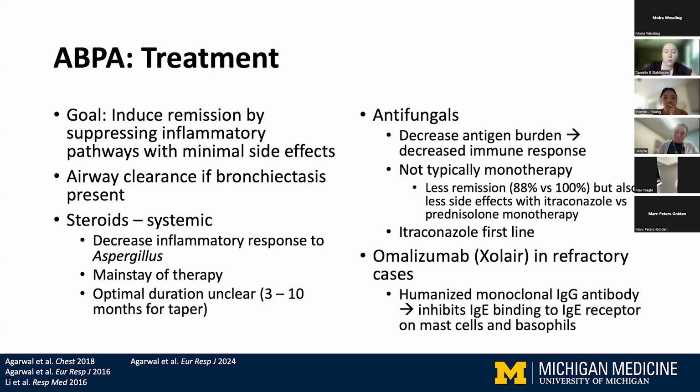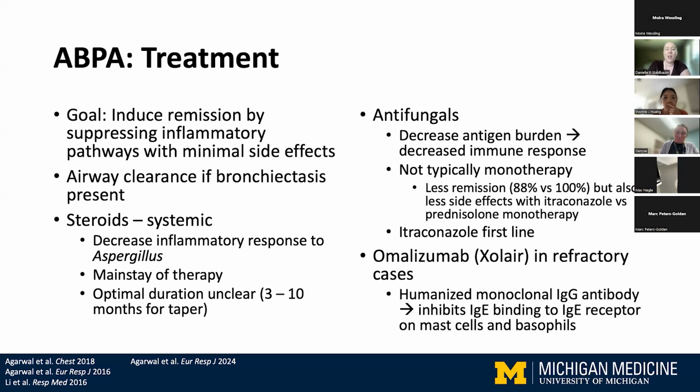Antifungals are also used. Typically, azoles is the class. This leads to decreased antigen burden and decreased immune response. This is not typically used for monotherapy. The guidelines currently recommend if someone is treated with acute ABPA to start with steroids, and if they're having an exacerbation or it's hard to wean off the steroids, to add itraconazole to help wean.